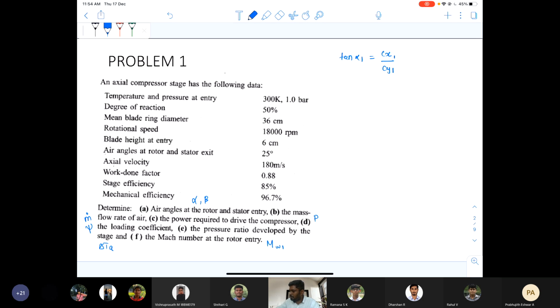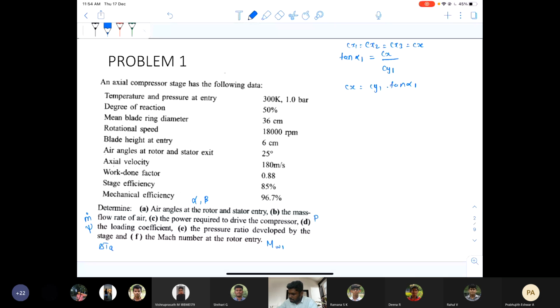Therefore, the value of Cx will be equal to Cy1 into tan alpha 1.